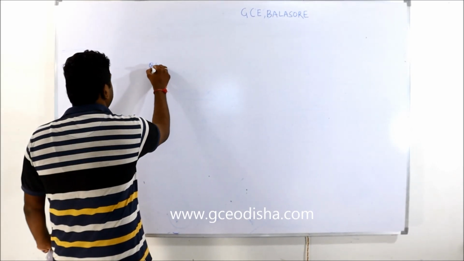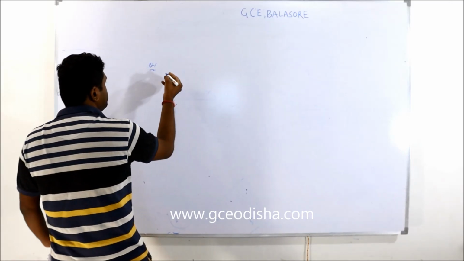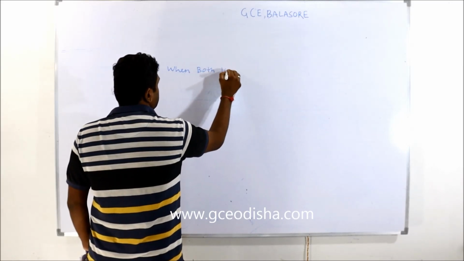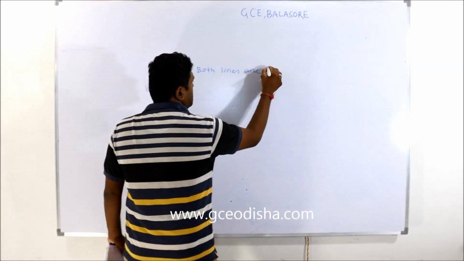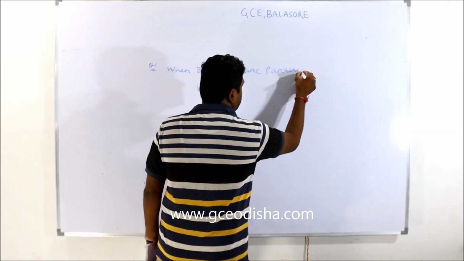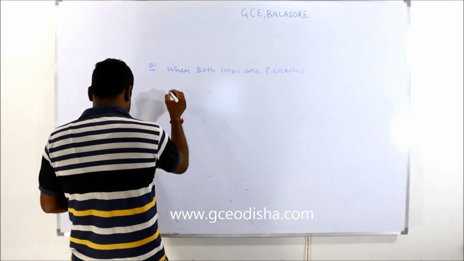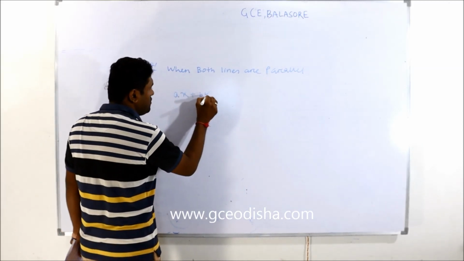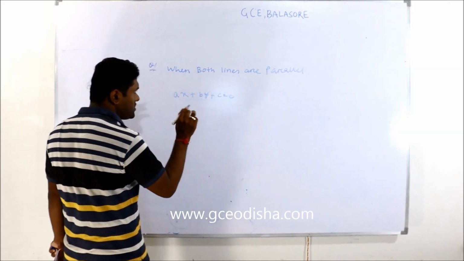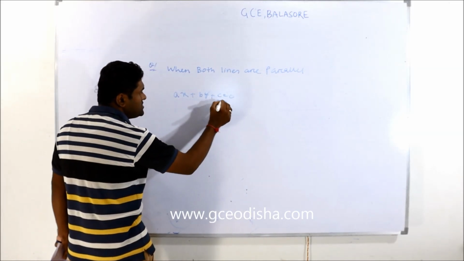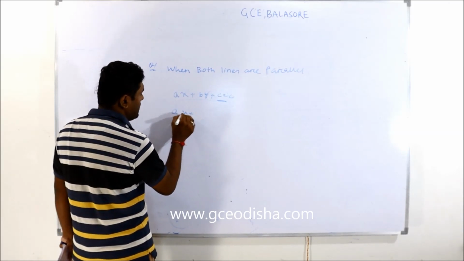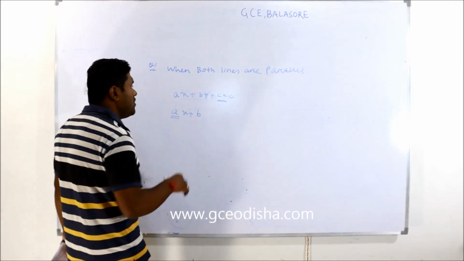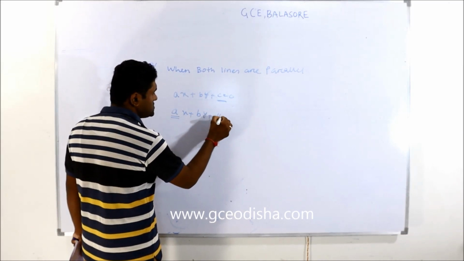There is a shortcut when both lines are parallel. When both lines are parallel, and one line is given as ax plus by plus c is equal to 0, only the constant changes; the coefficients remain the same, and the other line is ax plus by plus k is equal to 0.